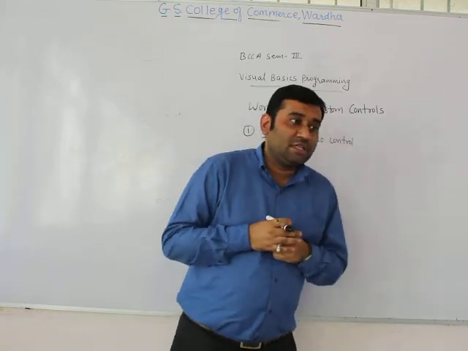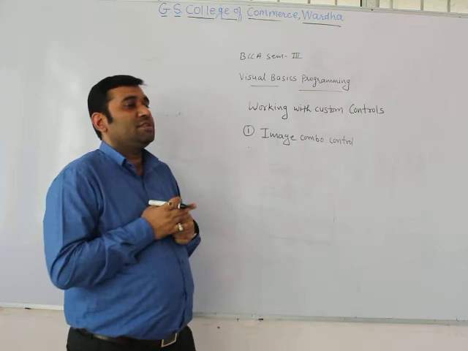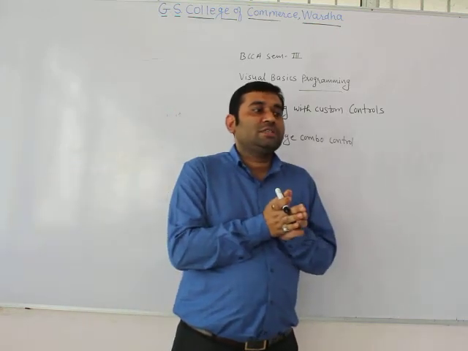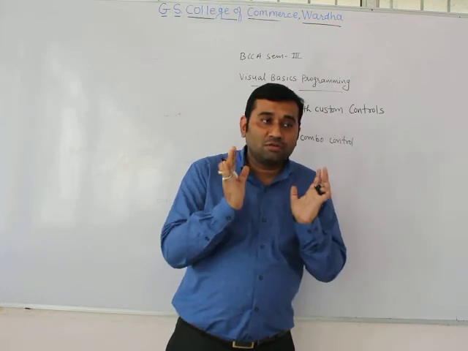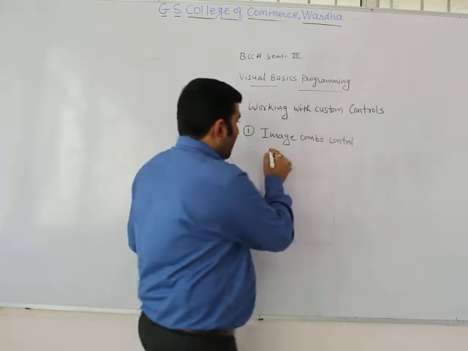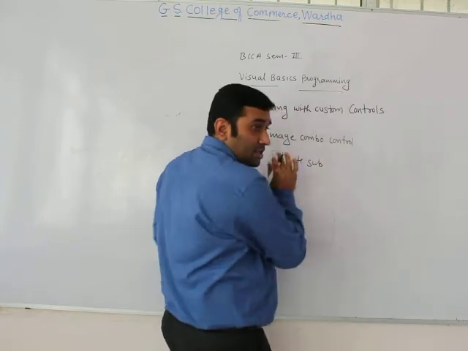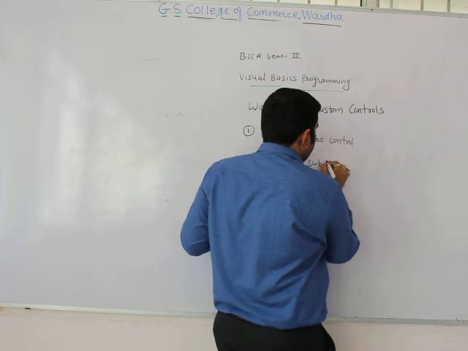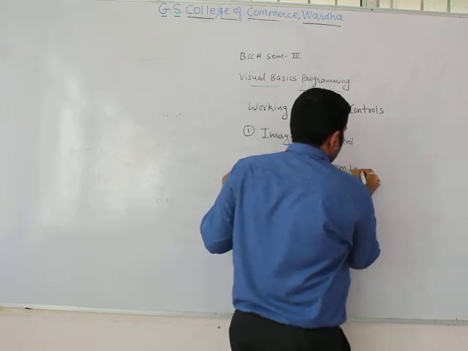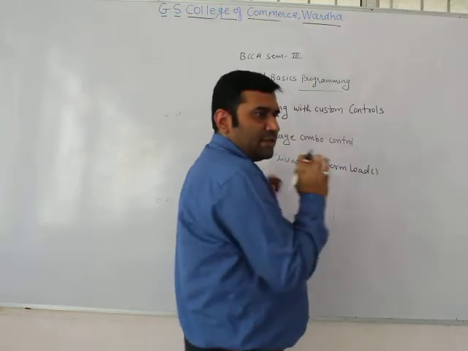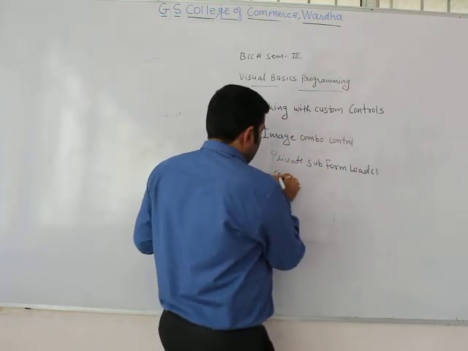After finishing this, you add the code. You have added the images in the image combo control, and now you give the code in the Private Sub Form_Load event.